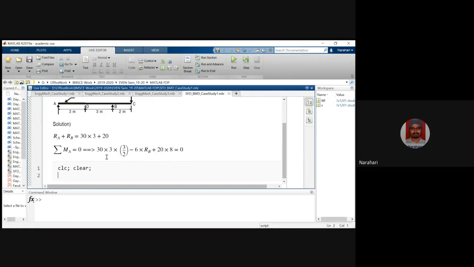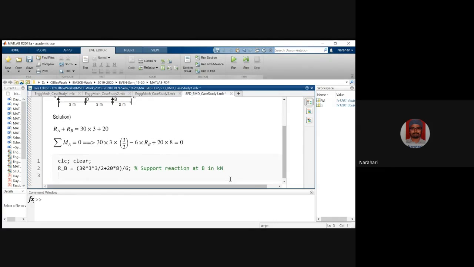You'll get RB equals to 30 into 3 into 3 by 2 plus 20 into 8, whole thing divided by 6. So I'll just paste that particular thing here. Simple. So you need not bother to calculate by yourself. MATLAB is meant to calculate these things, isn't it?